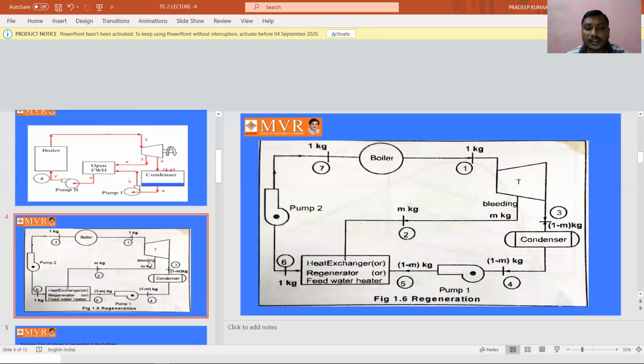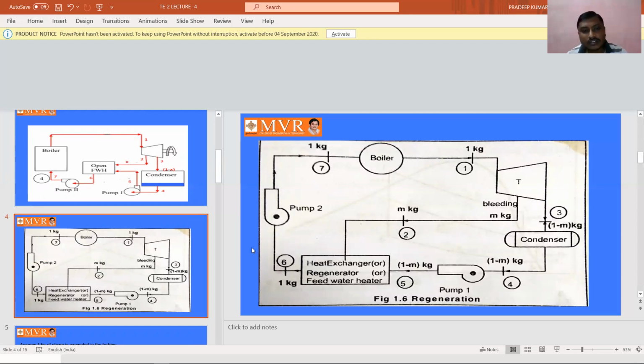And coming to here, in the regeneration, this is the other diagram which I am showing here. Here 1 kg of steam is entered into the boiler.